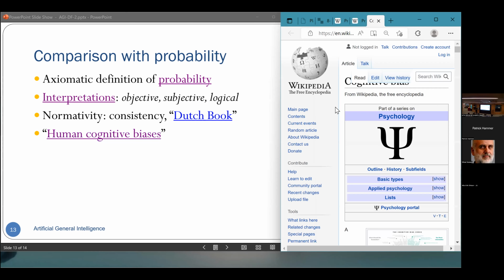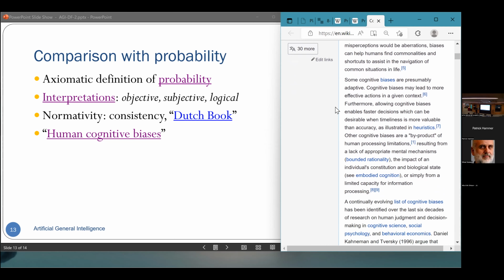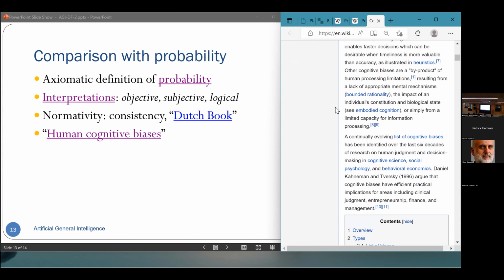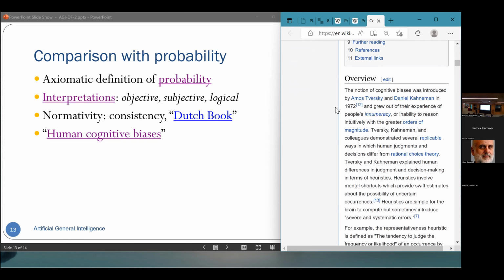The best known work is by psychologists Tversky and Kahneman. Kahneman actually got a Nobel Prize related to this work, starting from the 70s of last century. They systematically showed human decision-making in real life does not follow probability. This is well documented. But the problem is how to interpret that.